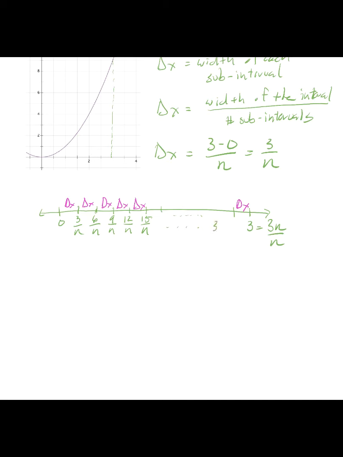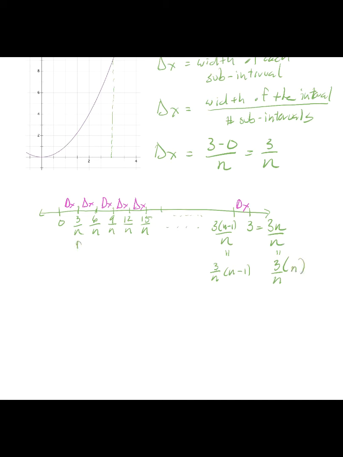And the one right before this is going to be n minus 1 copies of 3 over n. I have 1 copy, 2 copies, 3 copies, 4 copies, 5 copies, n minus 1 copies, n copies of 3 over n. And so you could think of this as 3 over n times n minus 1. And this one you could think of as 3 over n times n.